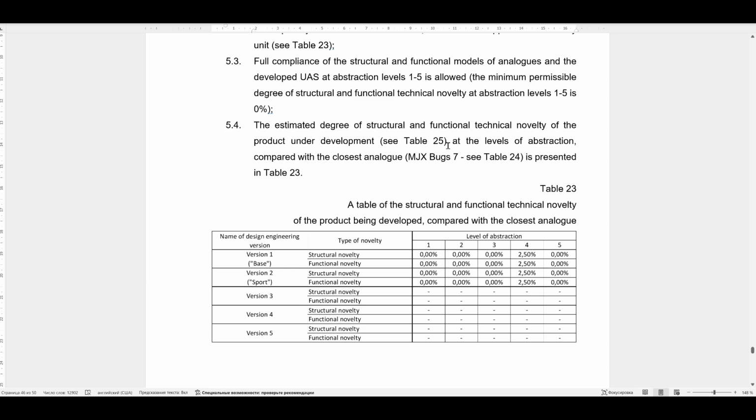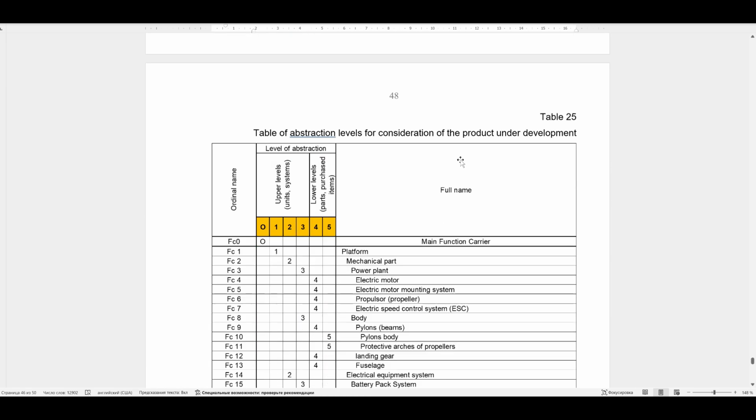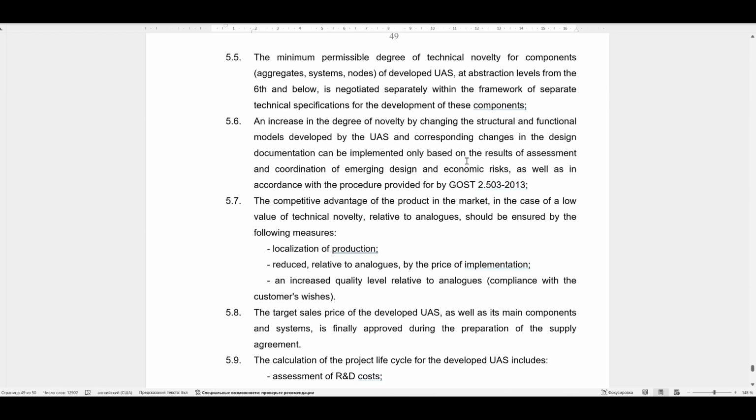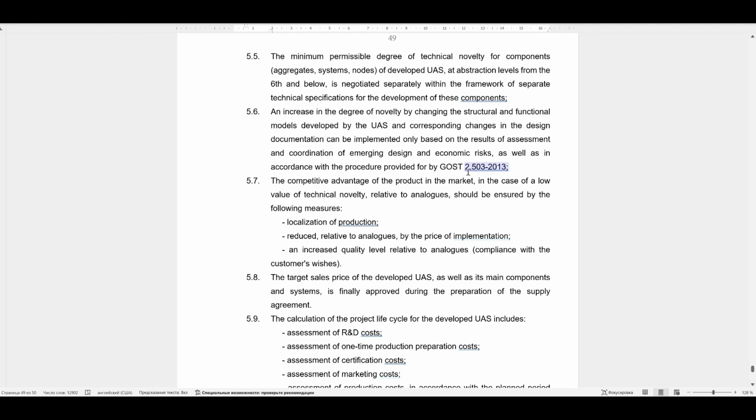Among other things, the text of section 5.1 of the technical assignment mentions design engineering risks caused by an increase in the degree of novelty in the product, and the conclusion that the competitive advantage of the product in the case of low value of technical novelty relative to analytics should be ensured by the following measures.